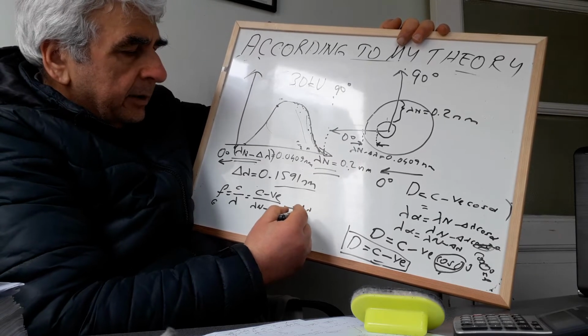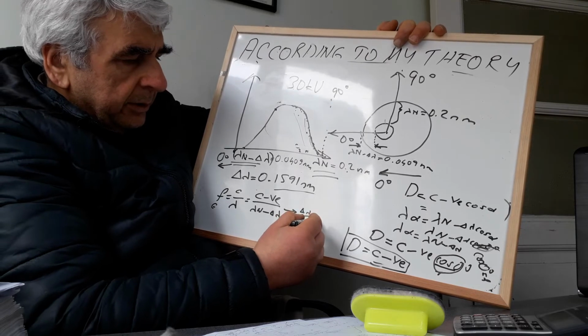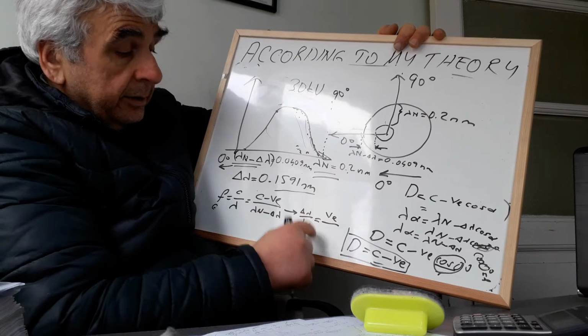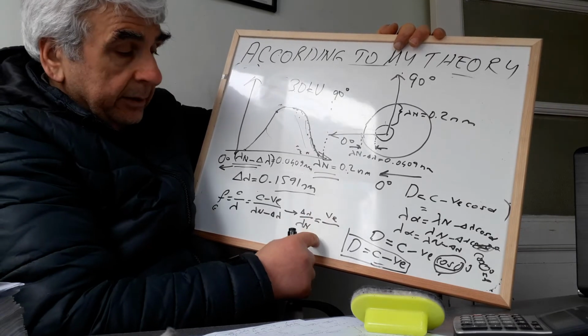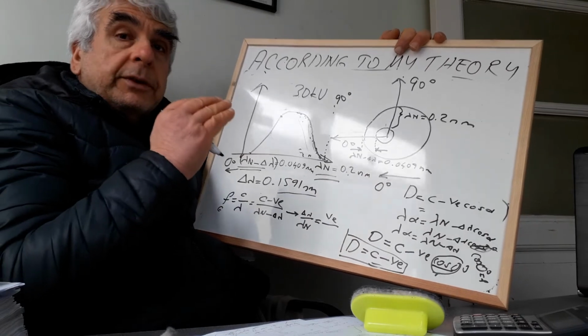Delta lambda divided by lambda n will be equal to... it's really valid. Don't confuse it with Doppler shift.